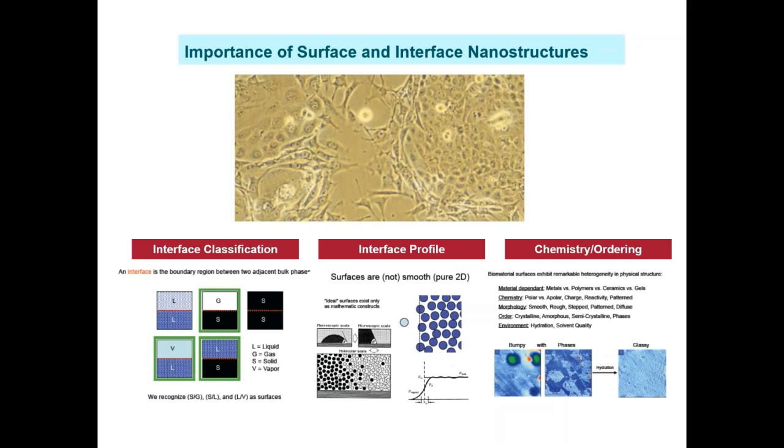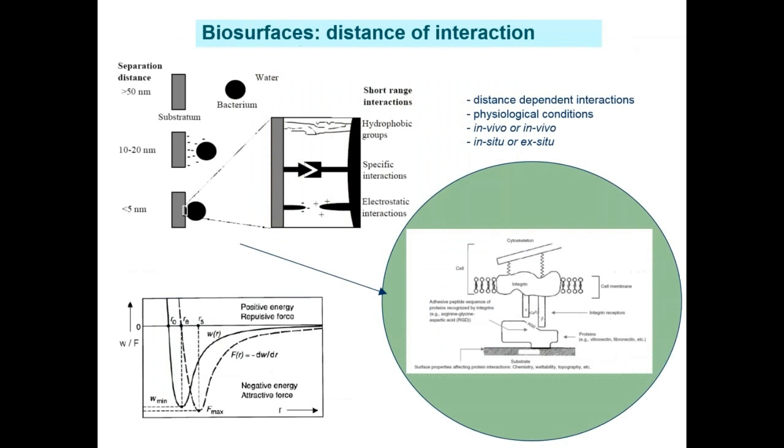So understanding the surface phenomena involves looking at the first principle. So this means that the distance of that interaction, which can be quantified by methods like surface force interaction measurements or atomic force microscopy methods or different wetting phenomena, means that the bacterium interacts with the surface as a function of distance.